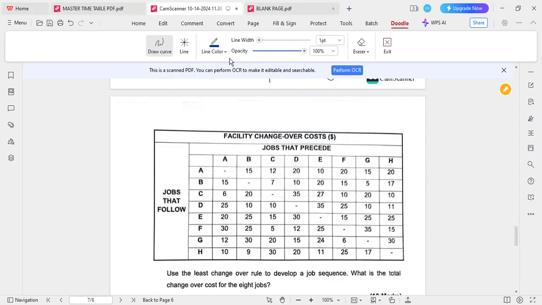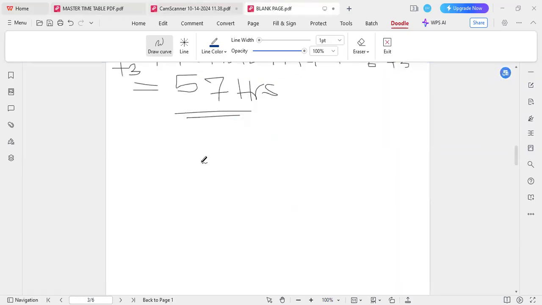So here, let me give you the rule for changeover cost. So this one is also in shop floor and it's called changeover cost.